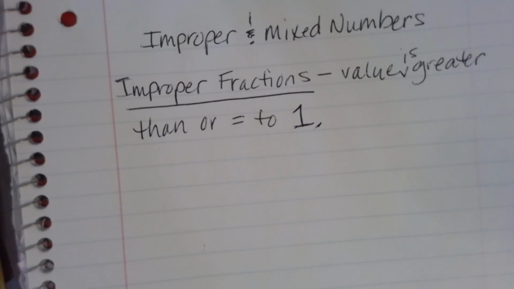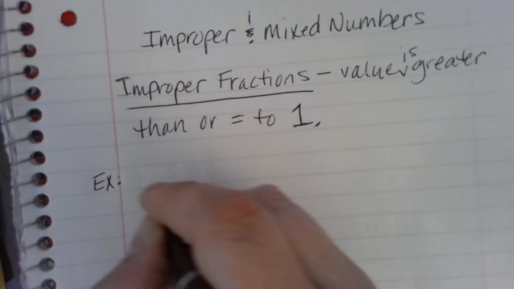The purpose of a fraction is to show us how many pieces of a whole there are, right? The top shows us how many pieces we have. The bottom number shows us how many we need to make 1 whole. So if a fraction has a value that's equal or bigger than 1, it's an improper fraction and it doesn't make sense. So let me give you an example of that.